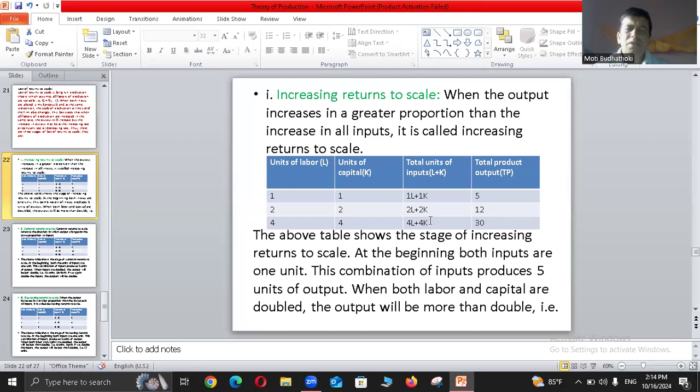Similarly, if we again double the units of input, that is 4L plus 4K, we get 30 units of output, which is also more than double of this 12 units. So in this table we see the rapid increase of returns, so it is called increasing returns to scale.